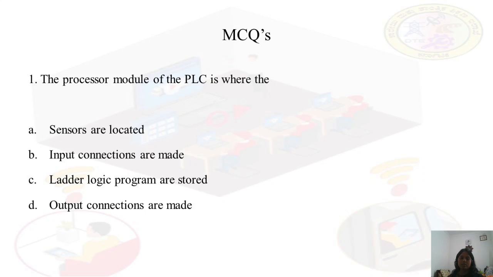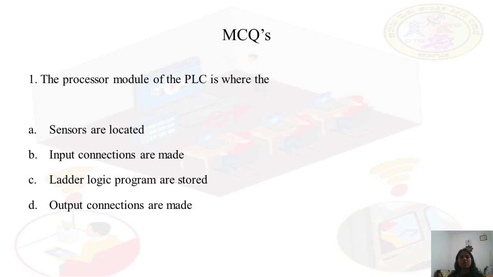The CPU is the brain of the system. In the CPU we have the microprocessor, memory and then the power supply unit. Then we have seen the programmer or monitor, then IO module and racks and chassis. Understood?